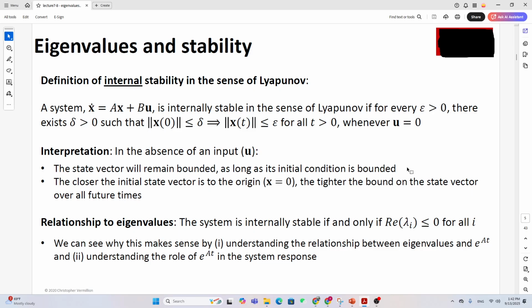But Lyapunov mainly applies to linear systems, where you have x dot equals Ax plus Bu. What we know about Lyapunov stability is that for every small quantity epsilon larger than zero, there always exists a delta, which is another, even smaller quantity larger than zero, such that if the magnitude of your initial condition is smaller than or equal to this small delta, we conclude that for all future time, the magnitude of x of t will also be less than or equal to the initially designed epsilon.